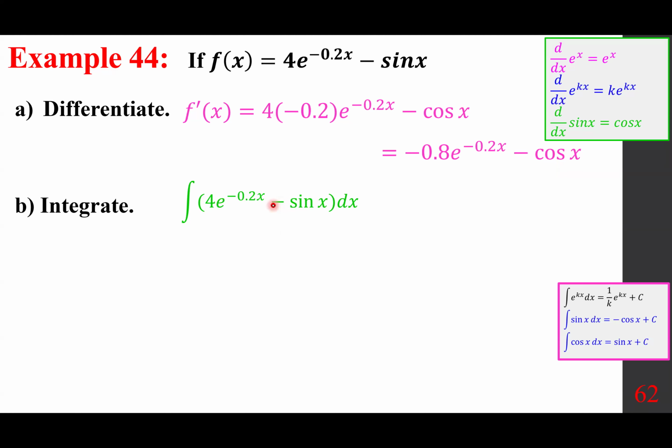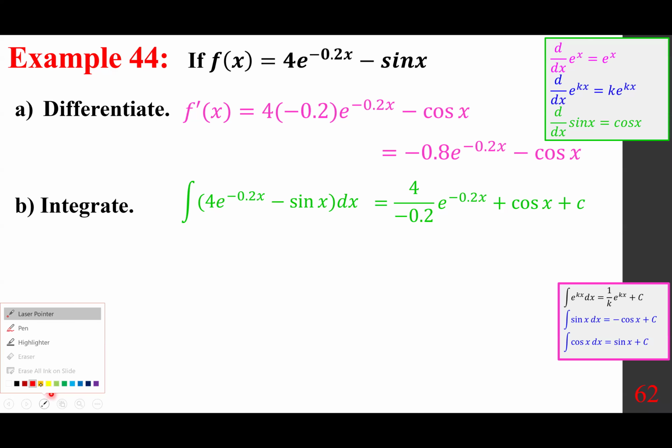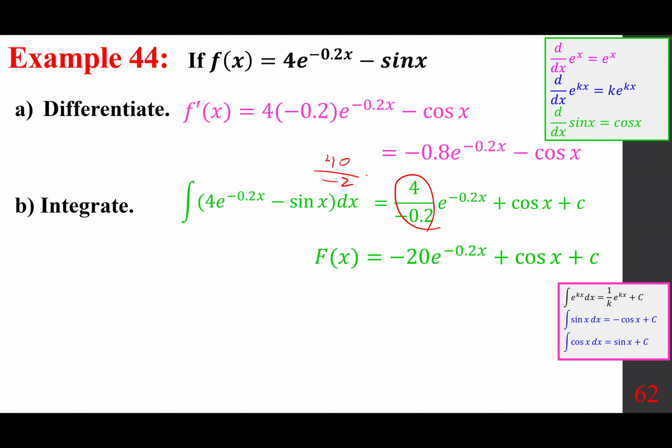With this negative makes it positive, and a constant. And this is 4 divided by negative 0.2 makes it negative 20. So capital F of x, because we call this lowercase f of x, is minus 20 e to the power minus 0.2x plus cosine x plus a constant. And that's a general solution.